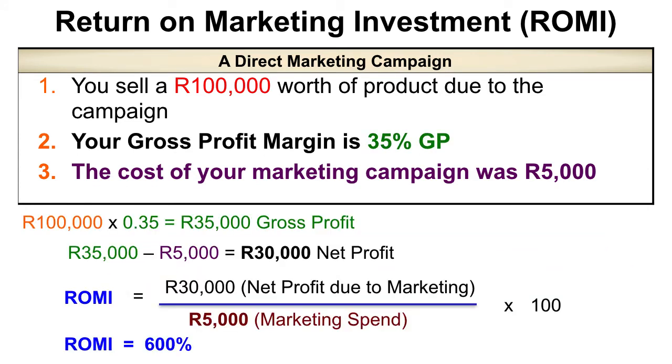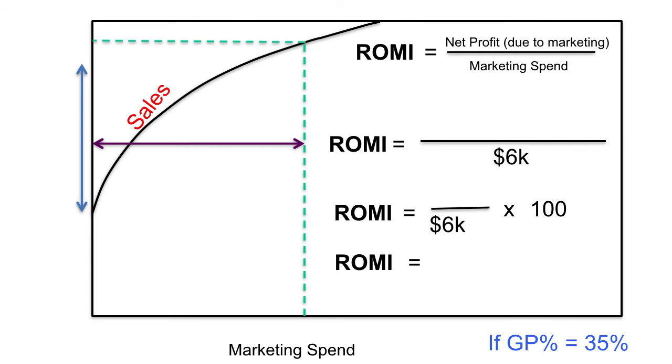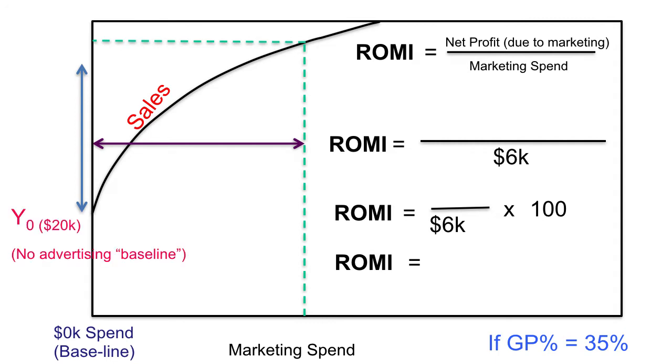Good. So your answer should have been 600% return on marketing investment for this particular example. Let's go back to basics. Remember that we need a baseline. And if we say that our baseline sales for no advertising or no marketing initiative is 20,000 sales per month, that's our baseline if we did no ad spending.